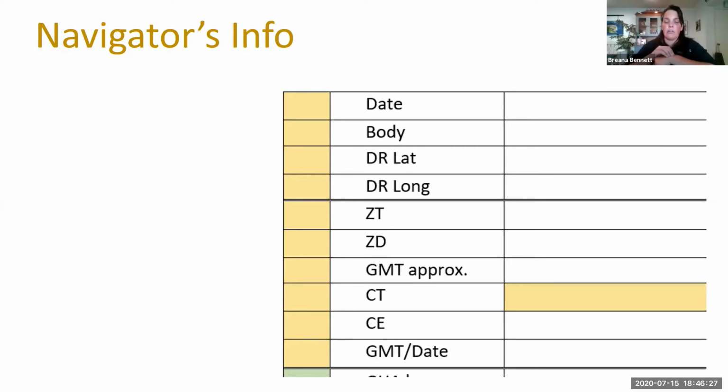You want to mark down the time. And then we have chronometer error and GMT time. So all this info, we don't need a book or anything. We should be able to get it from other navigation that we've been doing.